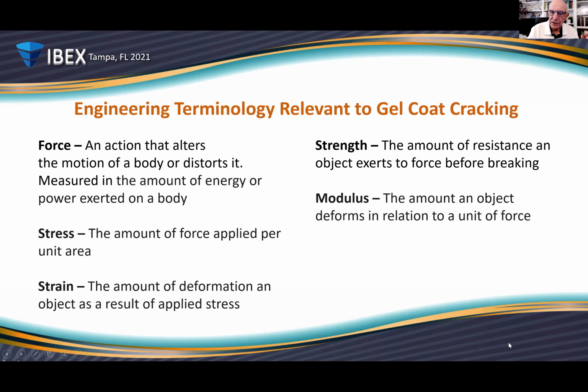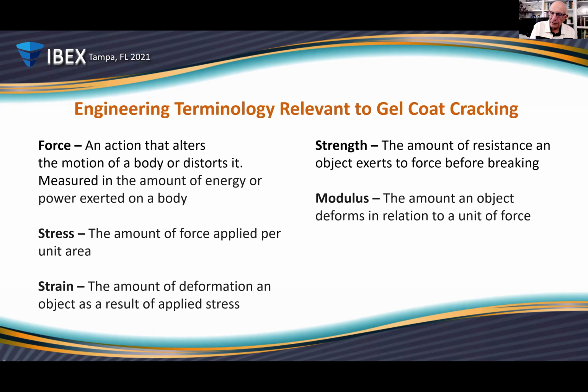Then we have this description of strength and modulus. Strength is the resistance that an object exerts to force before it breaks. So we load this panel and it bends and bends, and at some point it'll break. Just before that is maximum strength.